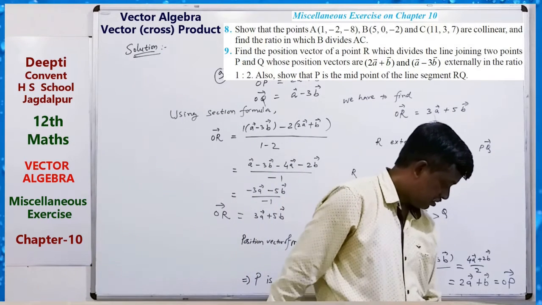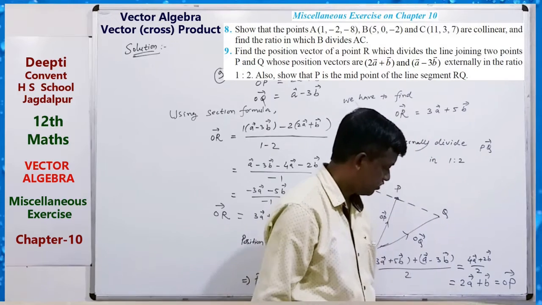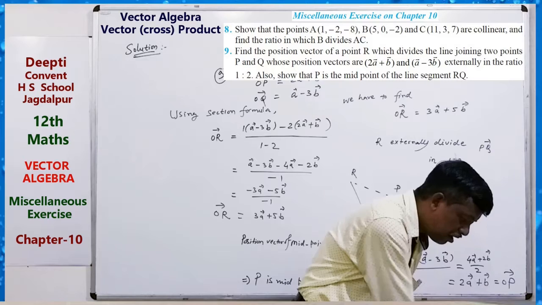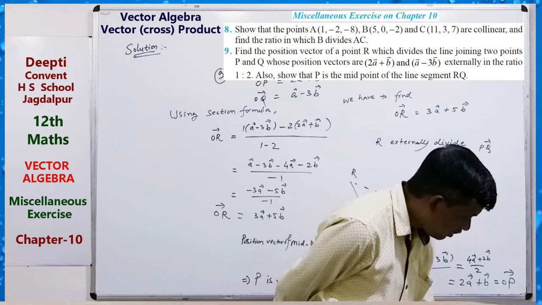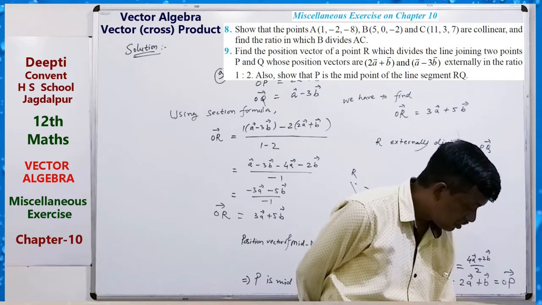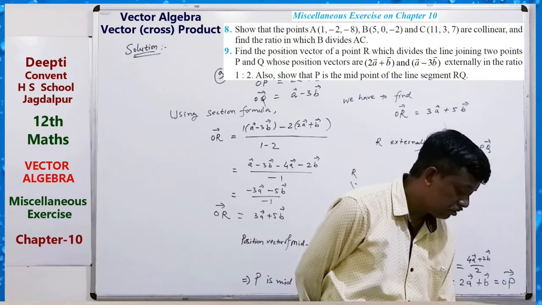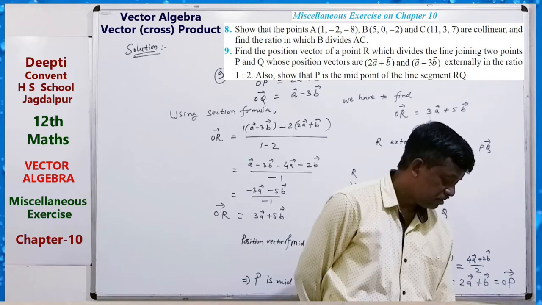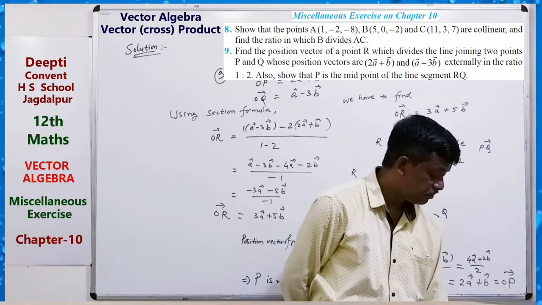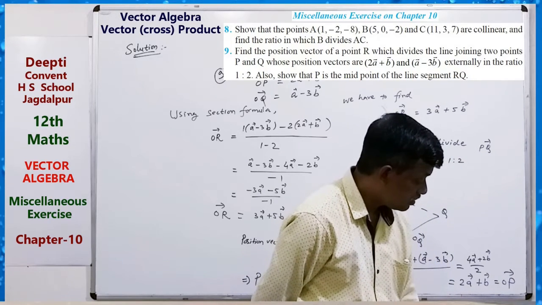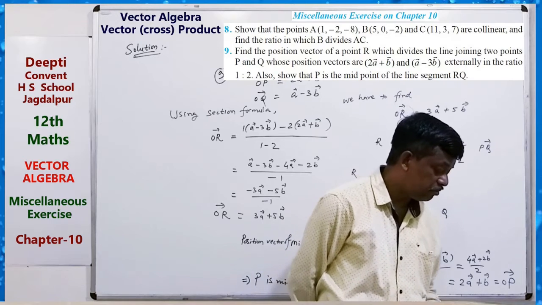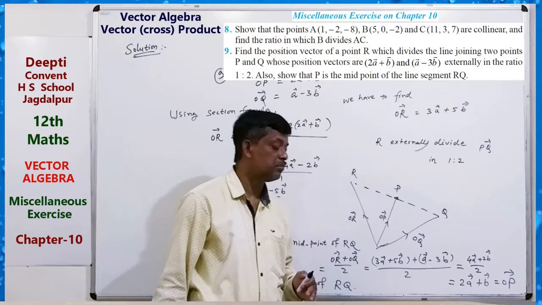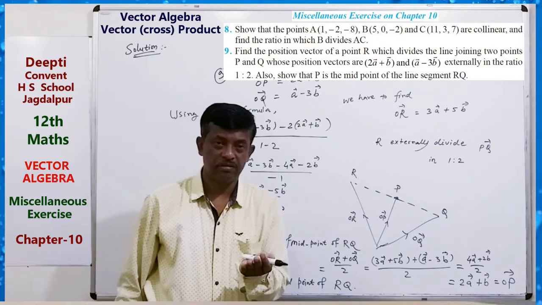Now the remaining questions you can solve. Question 10: the adjacent sides of a parallelogram are these, find the unit vector parallel to its diagonal, also find its area. Its diagonal means what? The diagonals of a parallelogram lie in a plane.